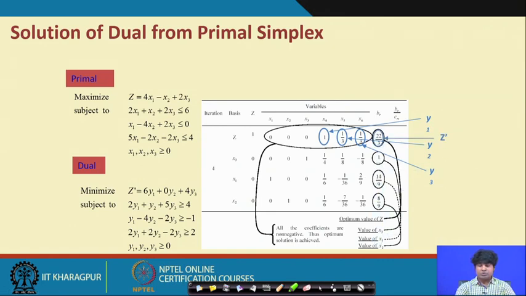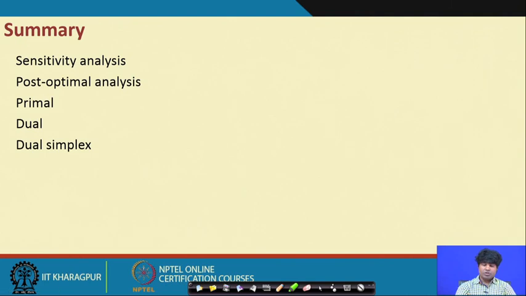The value of the objective function z is coming to 22/3, and that is the interplay between the primal simplex method and the dual simplex method.